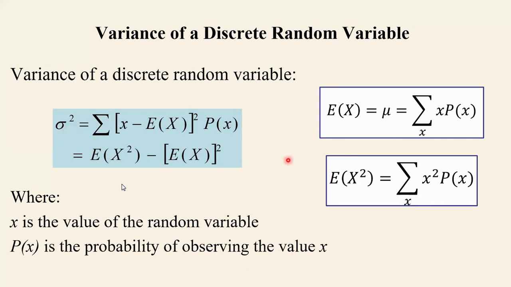Right? As a frequency distribution, we are looking at the average of the squared deviations from the mean. That is the variance. Similarly here, we are looking at the weighted average of the squared deviations from the mean, where the mean is denoted by the expected value of the random variable.